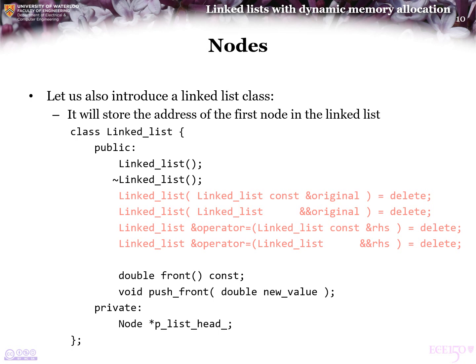So here we have a linked list class, and its only purpose is to store the address of the first node in any linked list. Now, when we create a linked list, we're assuming there are no nodes in that linked list at this point. Consequently, the constructor will do nothing more than assign the member variable the value null pointer.